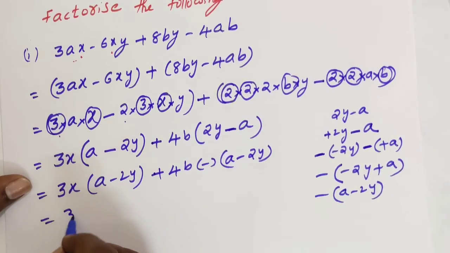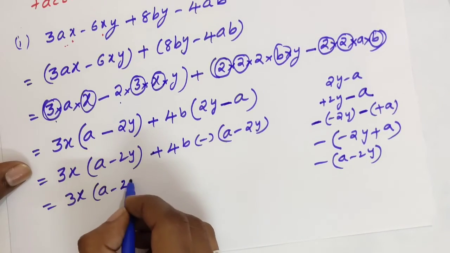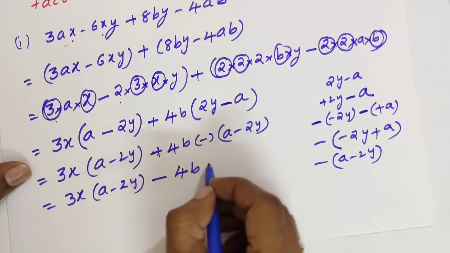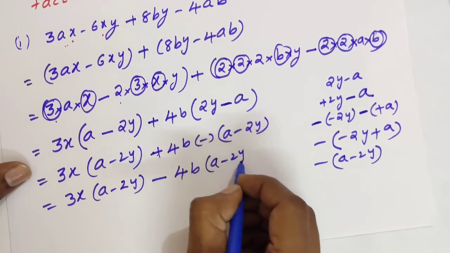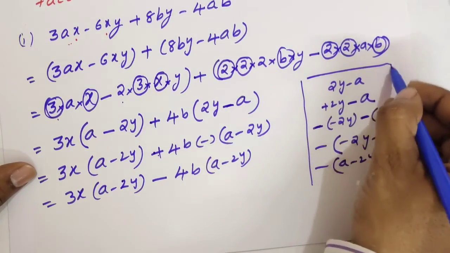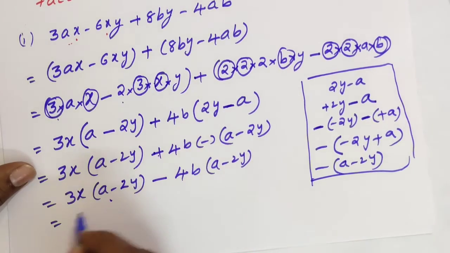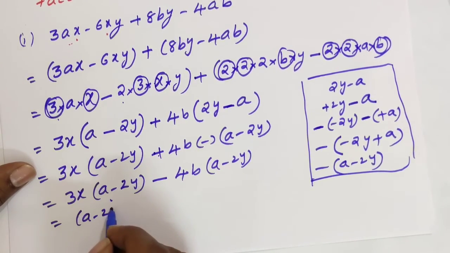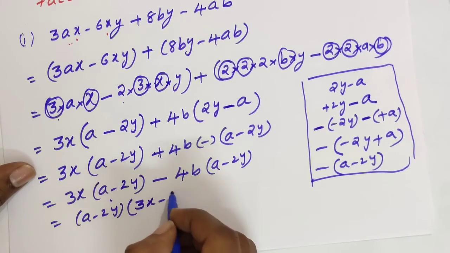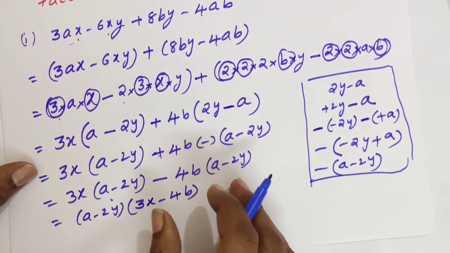So now 3x into a minus 2y plus into minus minus 4b into a minus 2y. Okay children, observe these steps separately and do it carefully. Now here a minus 2y is common, so we can write it as a minus 2y times of 3x minus 4b. Okay, this is one of the ways.